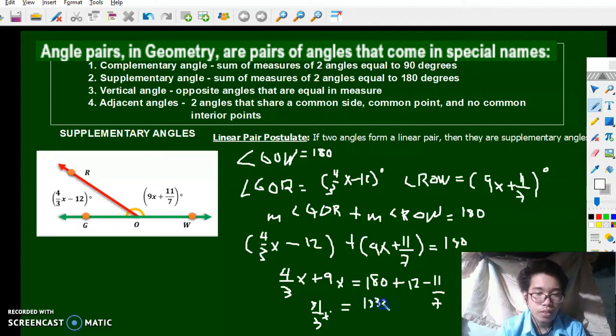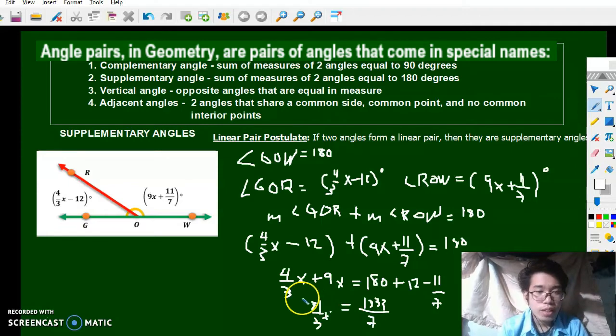If you use a calculator, that's going to be the answer, or if you want to do it manually, that's also okay. So that's 180 plus 12 minus 11 over 7. The answer is 1,333 over 7.